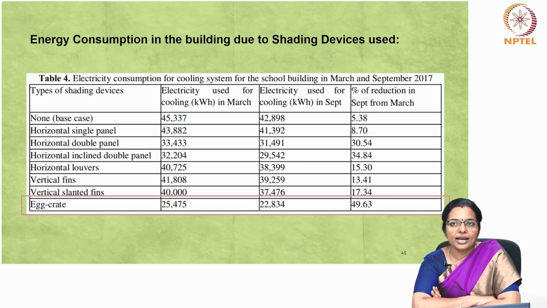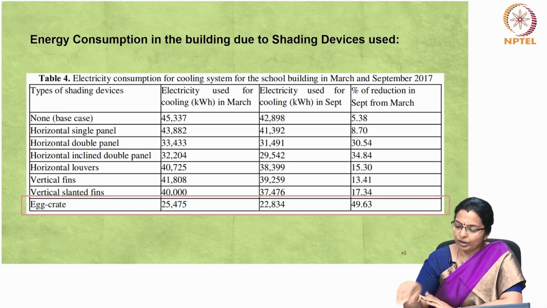In March, the egg crate shading device stands out as the most effective, reducing cooling energy consumption from about 45,000 kilowatt hour to 25,000 odd kilowatt hour, resulting in savings of about 20,000 kilowatt hour.